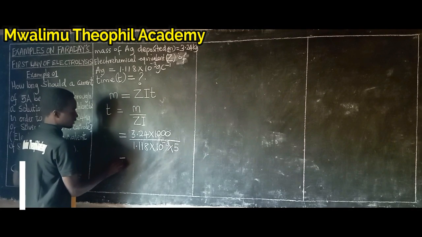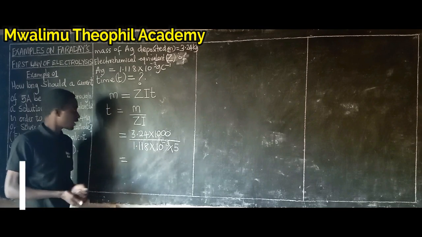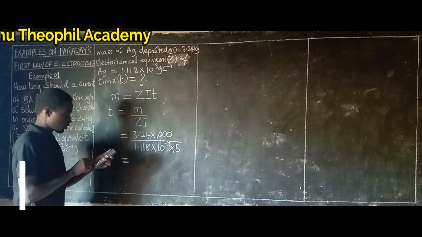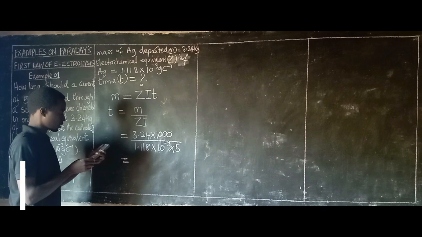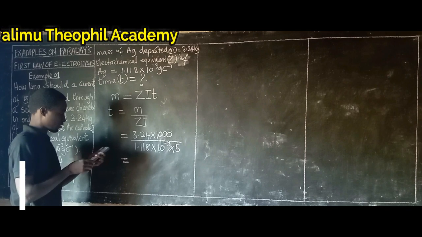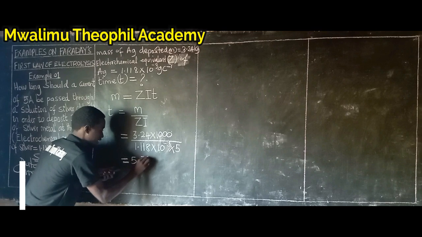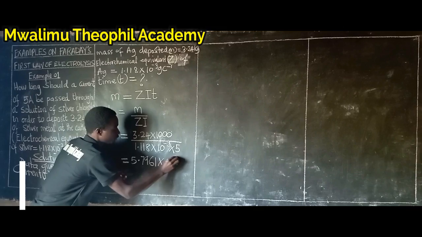Now, let us use a calculator to compute this. We have 3.24 times 1000 over 1.118 times 10 raised to negative 3 times 5. Here the answer we get is 5.7961 times 10 raised to 5.